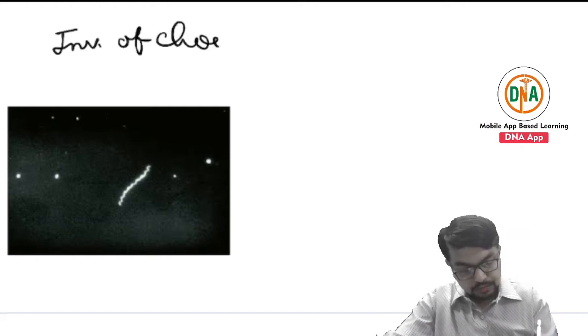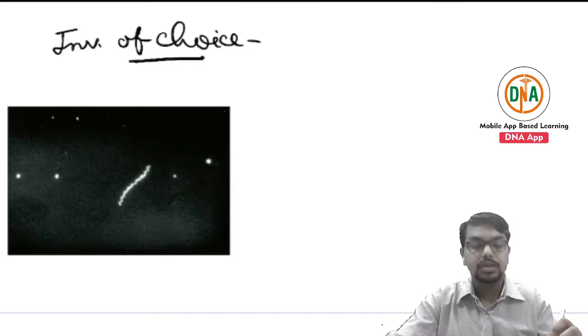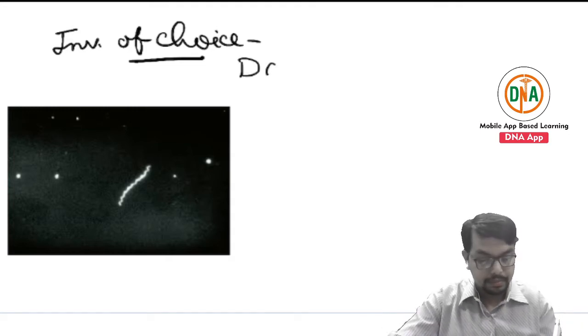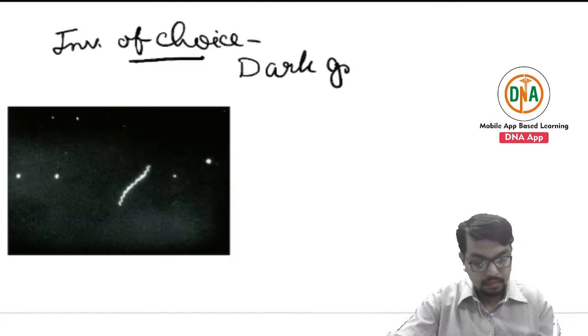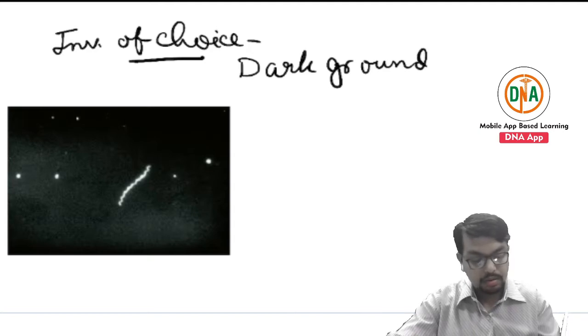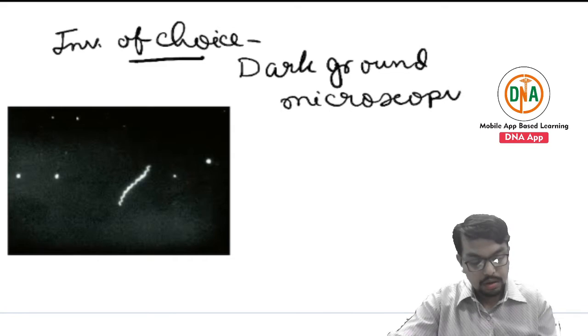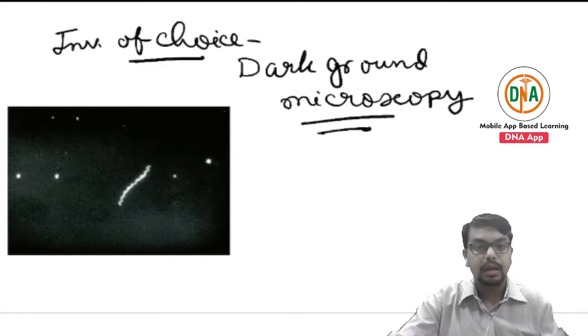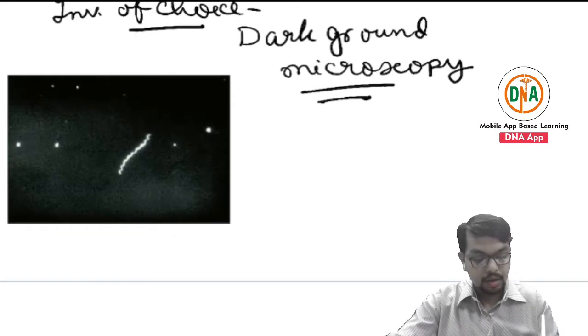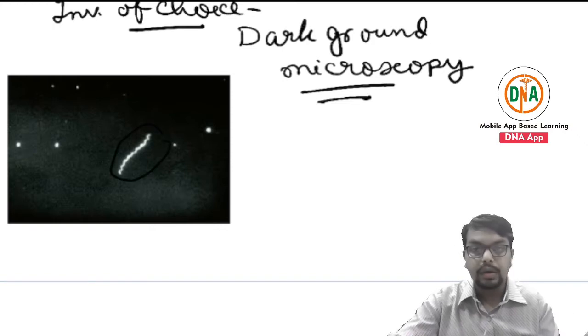Now what is the investigation of choice for primary syphilis? Investigation of choice for primary syphilis is dark ground microscopy, and we see the spiral organism in a dark background.